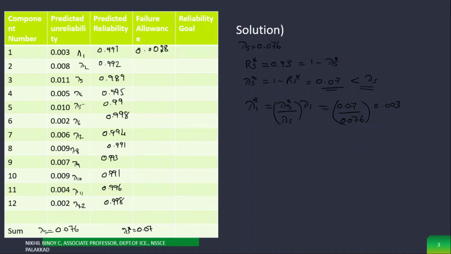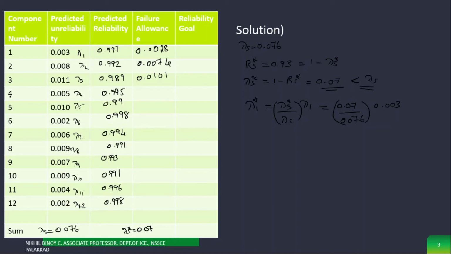Now the desired failure rate of the second component is 0.007368, so that is 0.0074. The desired failure rate of the third component is 0.01013, so that is 0.0101.